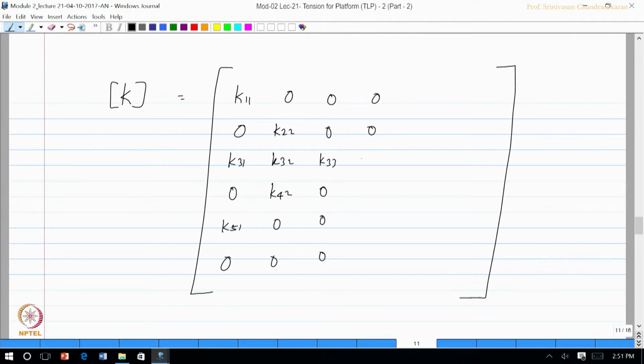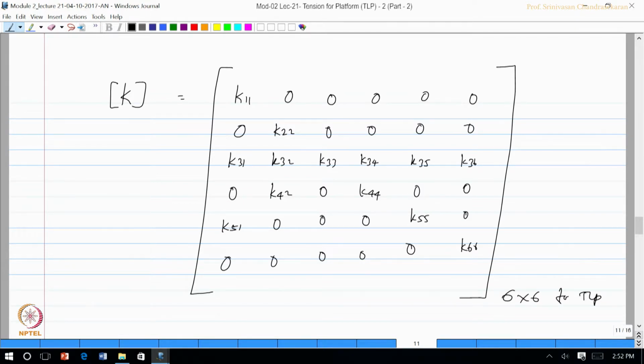Similarly, in roll we have K34 and K44, remaining all are 0. In pitch we have K35 and K55, remaining all are 0. In yaw we have K36 and K66, remaining all are 0. So, that is my 6 by 6 stiffness matrix for TLP.